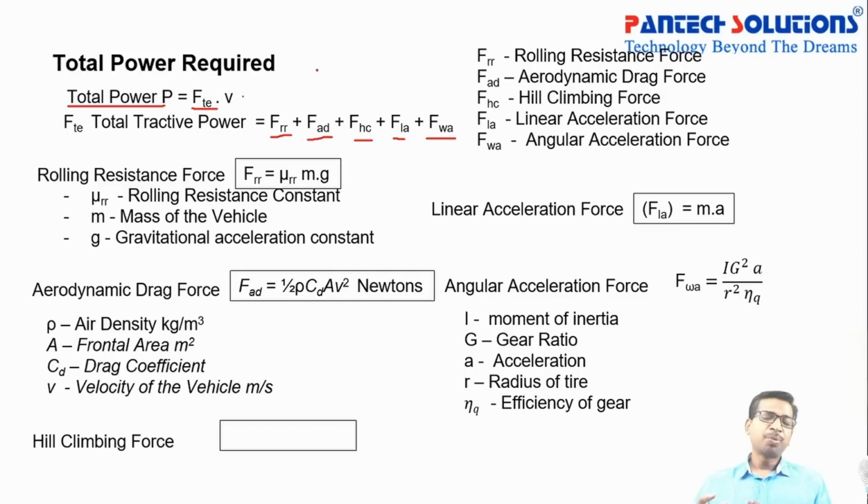For prototyping applications, you can take the rolling resistance and the aerodynamic drag force. If you consider your vehicle is traveling on a smooth surface, you can avoid the hill climbing mode. Suppose you want to add those components, yes, you can add them. So these are all the formulas you can use.